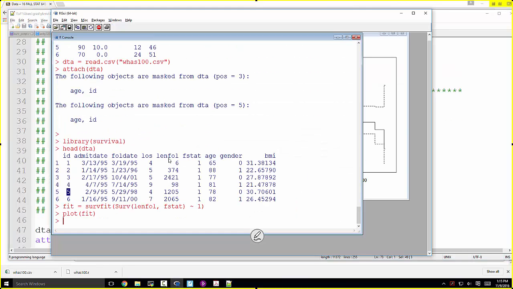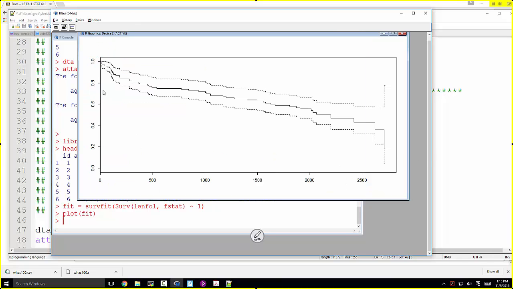Follow-up time in days on the horizontal axis, and then survival probabilities that are estimated Kaplan-Meier style on the y-axis. So there's a pretty significant decline in the survival probabilities over the first year or so, and then it levels out and is very highly variable at the very end. So it looks like most of the action happened quickly in the first year among this population.